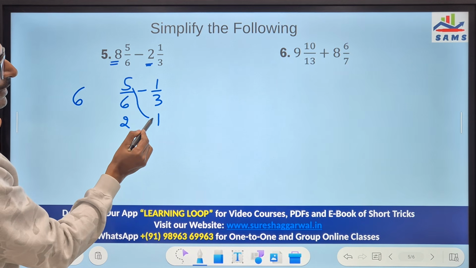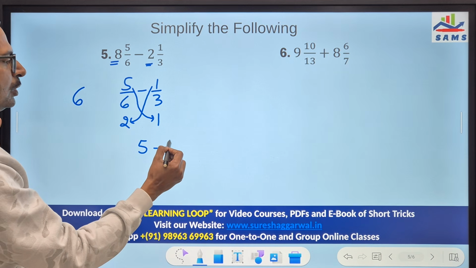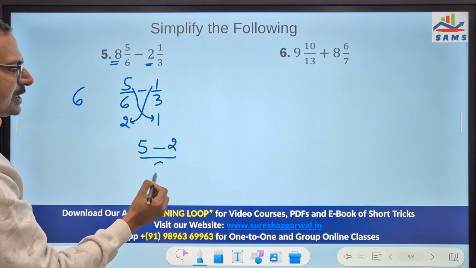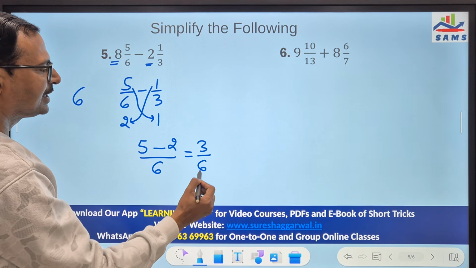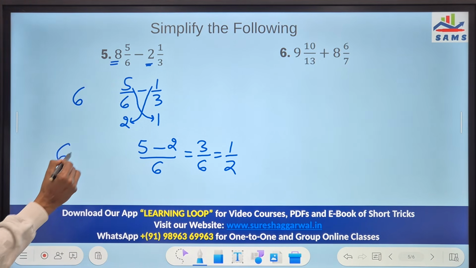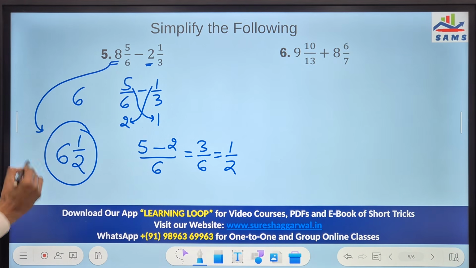And now do the butterfly like this. 5 minus 2 over 6 into 1 is 6, or 3 into 2 is 6. So you get 5 minus 2, 3 upon 6, and that is 1 by 2. So your answer will be 6 followed by a 1 by 2, or 6.5 is the answer for this subtraction problem of mixed fractions.